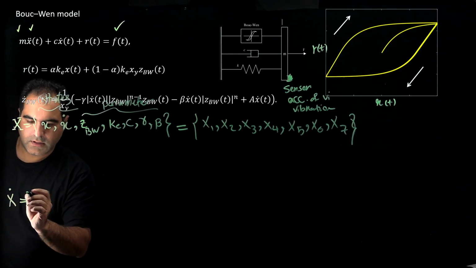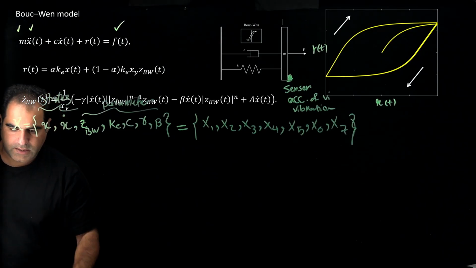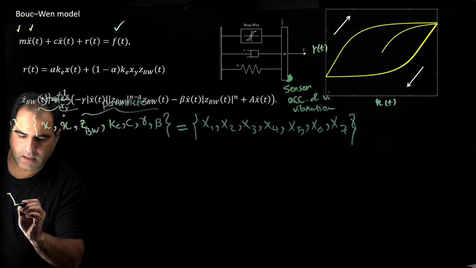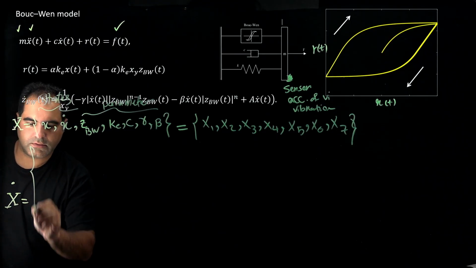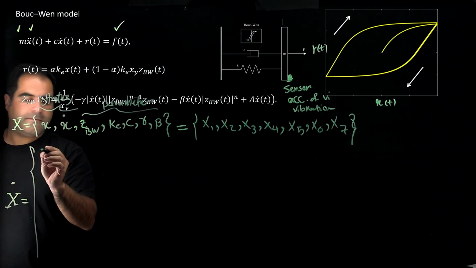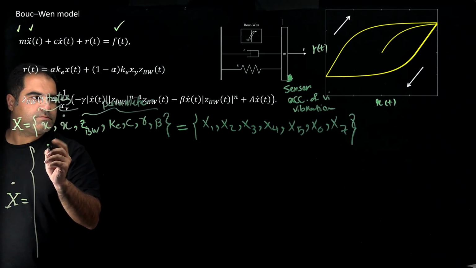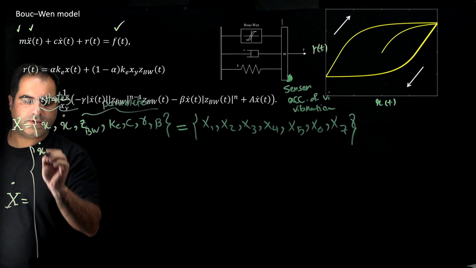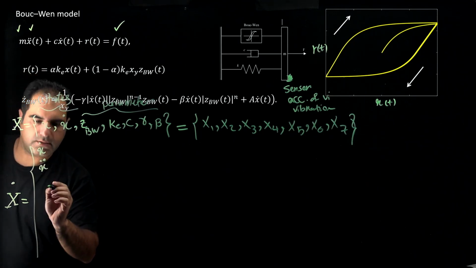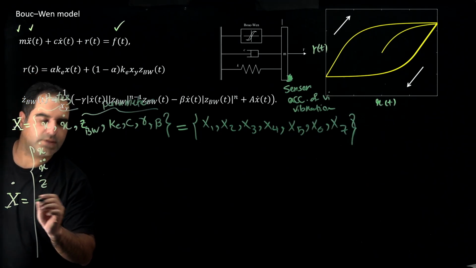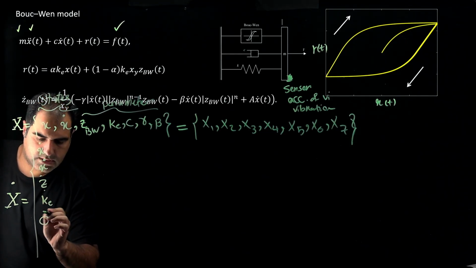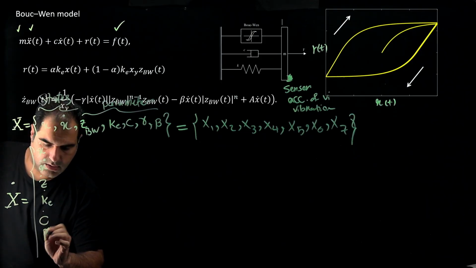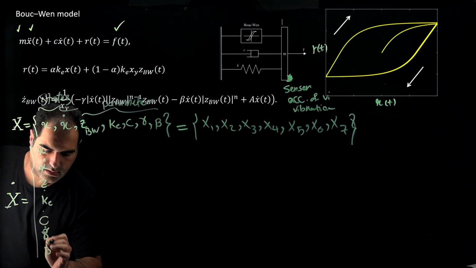X dot will be equal to x dot, x double dot, z dot, Ke dot, C dot, gamma dot, and beta dot.